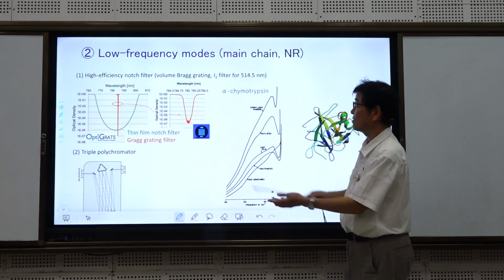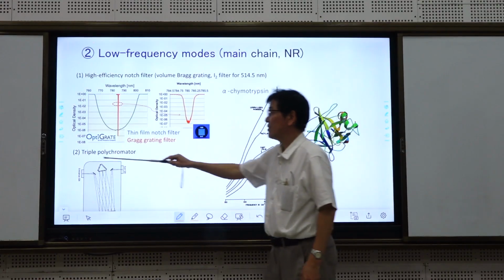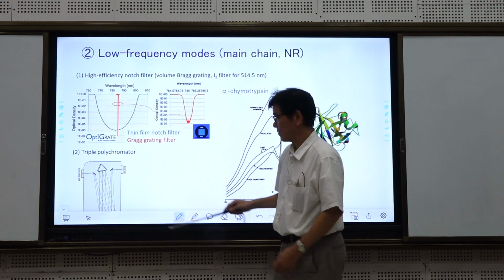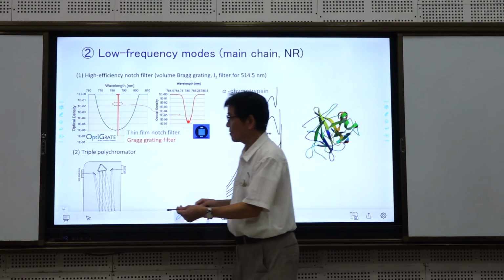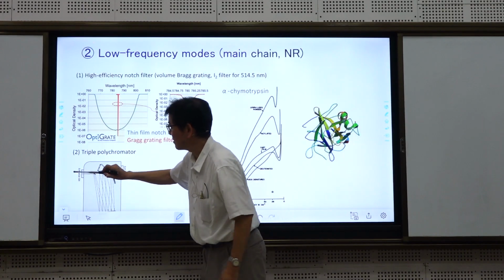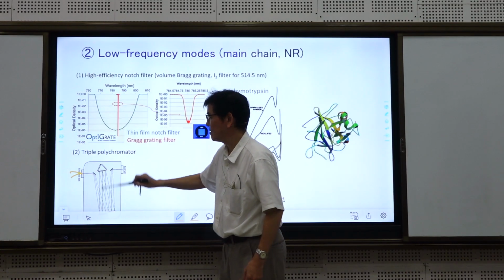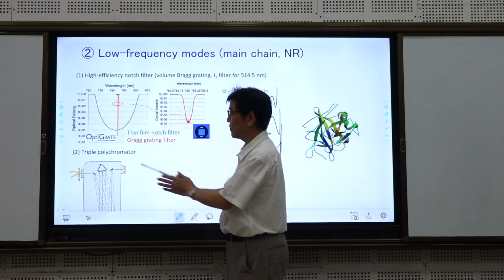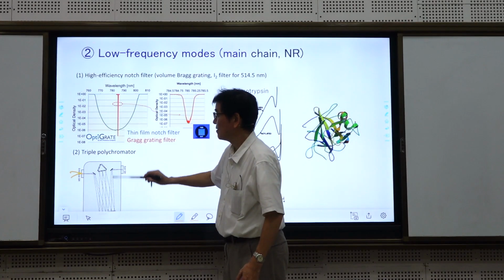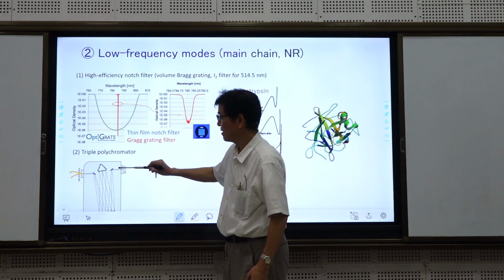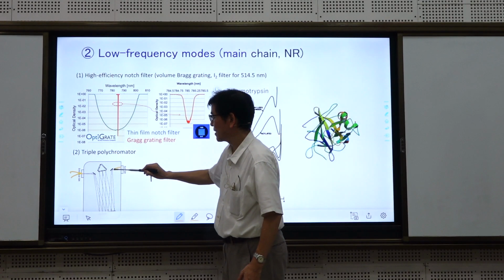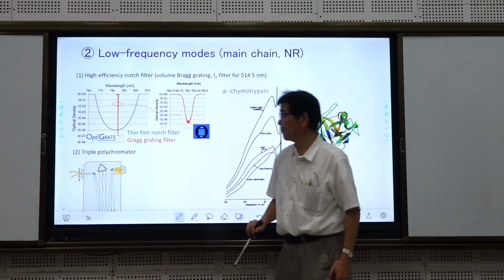Well, there is one more method to detect low frequency modes. We can use a triple polychromator. So this is the monochromator. When we introduce the light, this grating separates the light according to wavelength, so different wavelengths propagate at different positions.